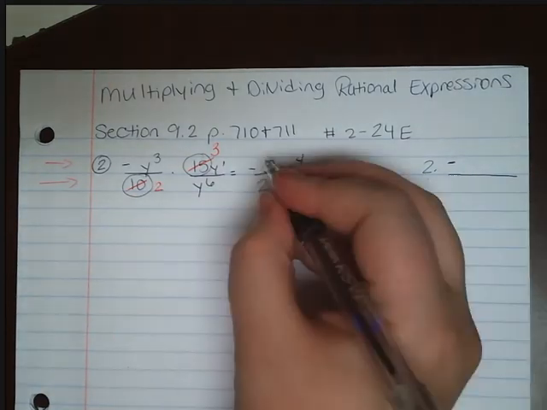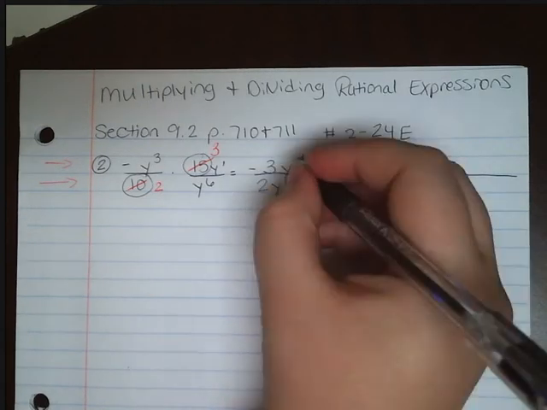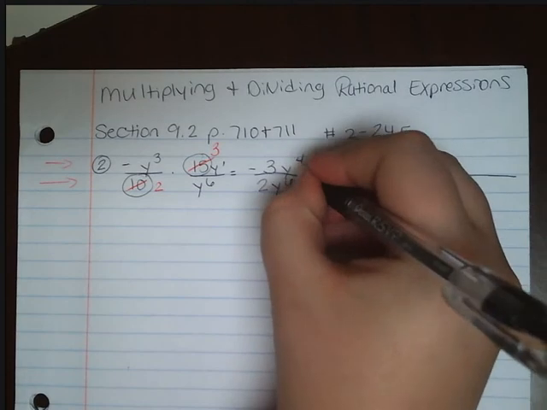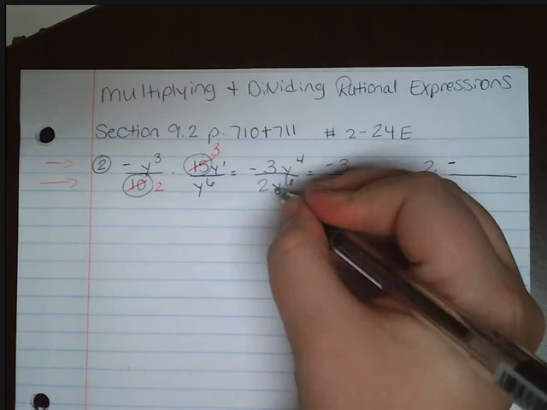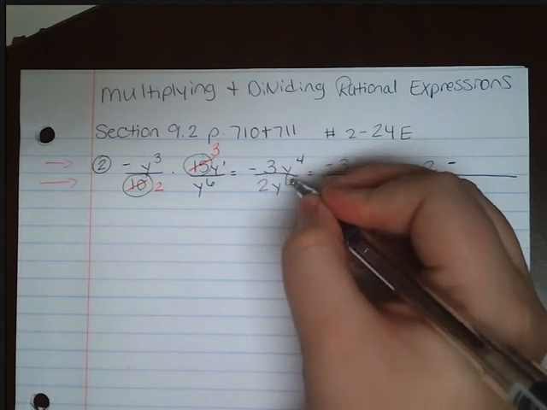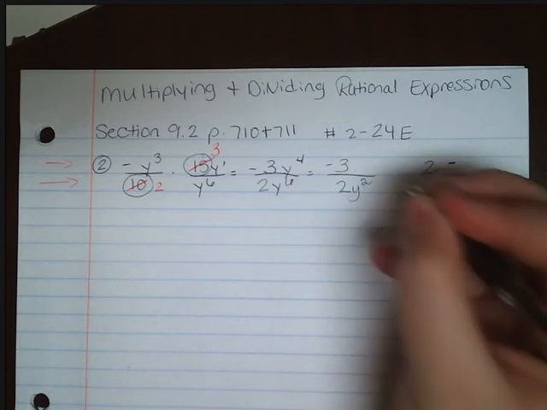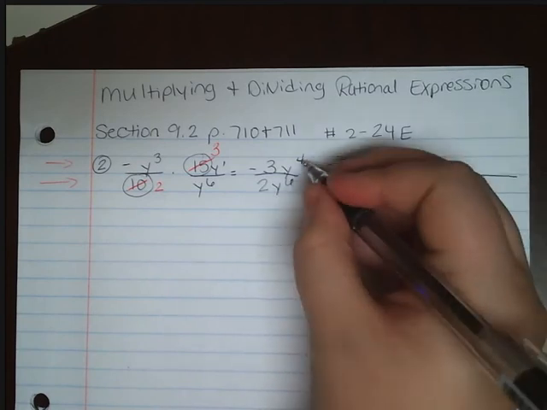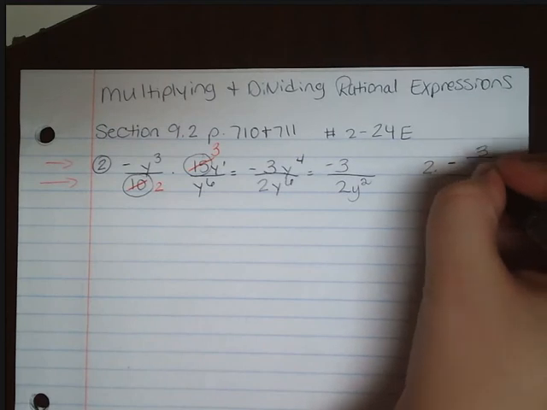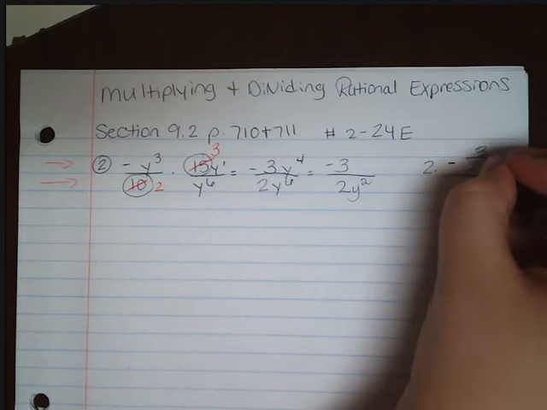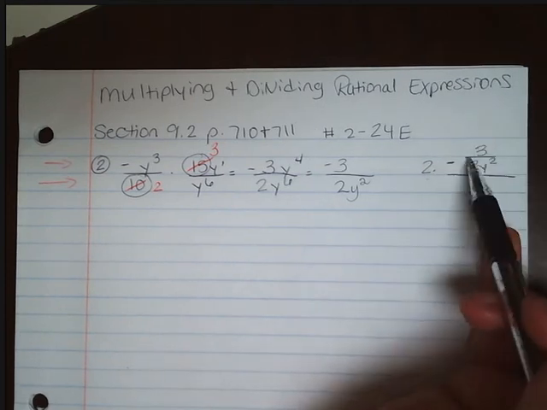So 3 over 2, we've already simplified as far as it can go, but my y to the 4 and y to the sixth can simplify further. When you divide your bases, you subtract those exponents. So 6 minus 4 is 2, and my y squared is going to go to the bottom because 6 was bigger than 4. So you should have negative 3 divided by 2y squared. It doesn't matter whether your negative is in the numerator, the denominator, or just in the middle. It all means the same thing.